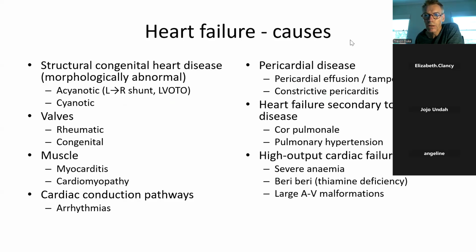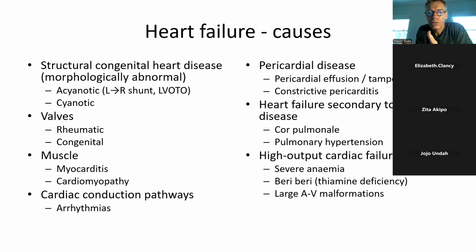Right. I want to start with something I've talked about before, which is trying to understand all the different causes of heart failure in children. And I find it useful to have an anatomical understanding of the different causes of heart failure. If you think about all the different parts of the heart, then there can be pathology involving all the different parts of the heart.